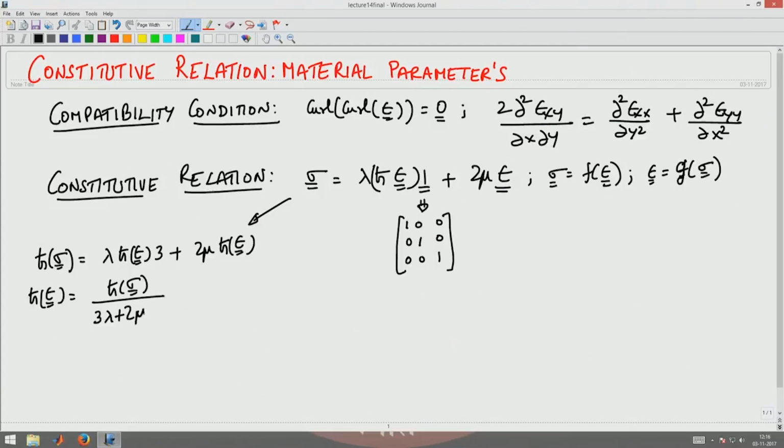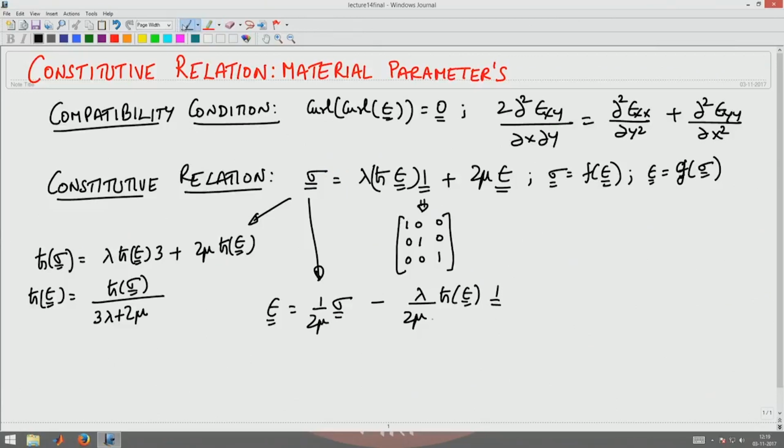Okay. Now, I want to write epsilon in terms of sigma. So, from this equation I get epsilon to be 1 by 2 mu sigma minus lambda by 2 mu trace epsilon identity matrix. Okay. What I have done is I divided this equation by 2 mu and I have taken this lambda trace epsilon to the other side of the equal to sign.